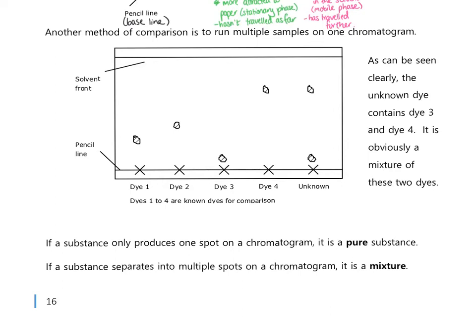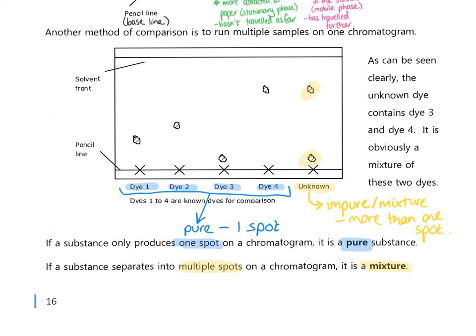So you can see from this chromatogram that dye 1, 2, 3 and 4 are all pure substances because they produce only one spot on the chromatogram, whereas our unknown is impure. It is a mixture because it has multiple spots. You can see here it has 2 spots, so it must be a mixture of multiple dyes. So if it has more than one spot, then it is a mixture.